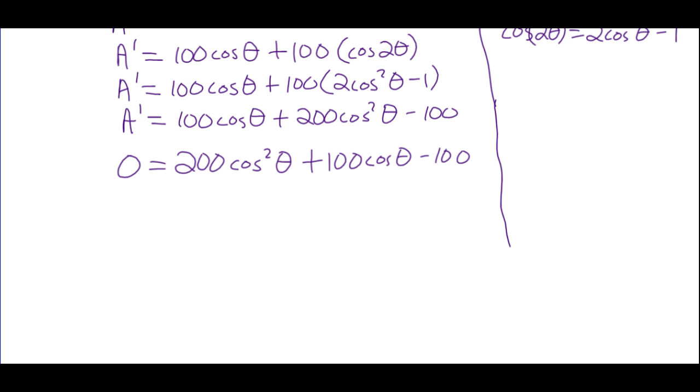And we can take 100 out of there, right? We get 2 cos squared theta plus cos theta minus 1.